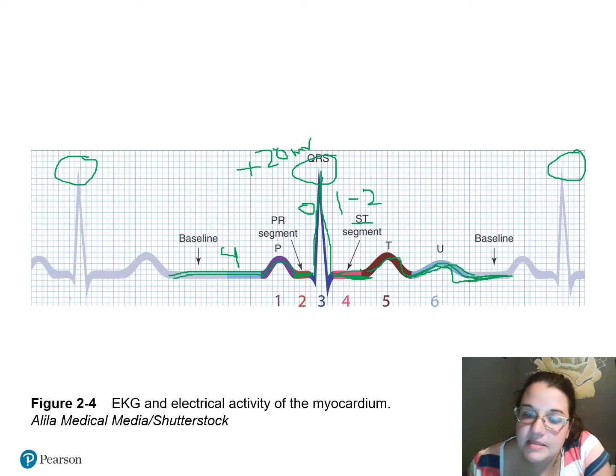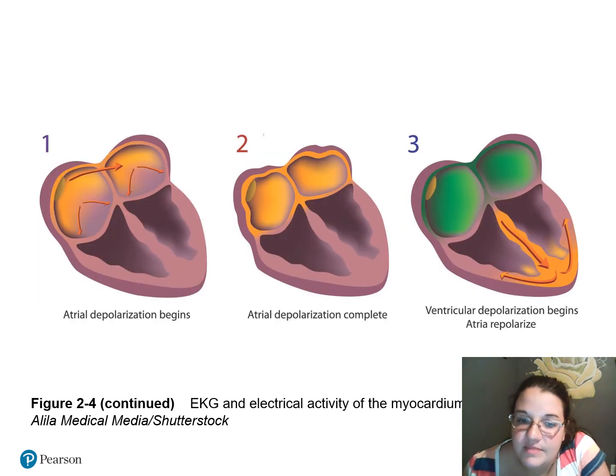Okay, so one thing to notice is your rhythms are your alphabet. So you have P, Q, R, S, T, and U. This is giving you a visual of what it looks like when there is a contraction and relaxation going on.